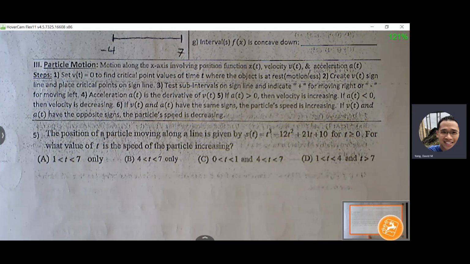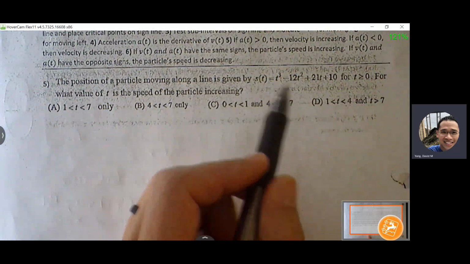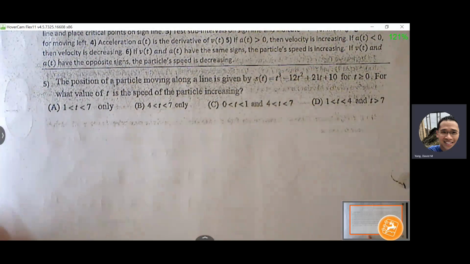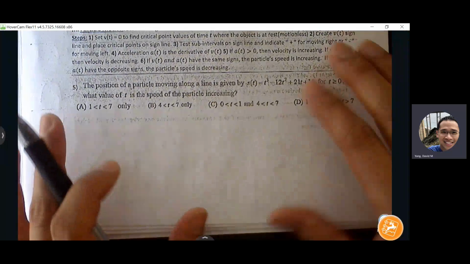If the signs match up between velocity and acceleration, we know that speed is increasing, and then we can identify that range for our answer. Okay. So it's basically like the first derivative test and test for concavity, but in the context of particle motion.